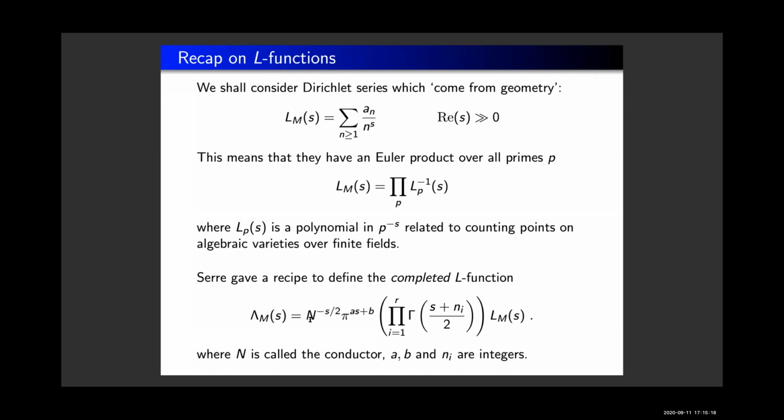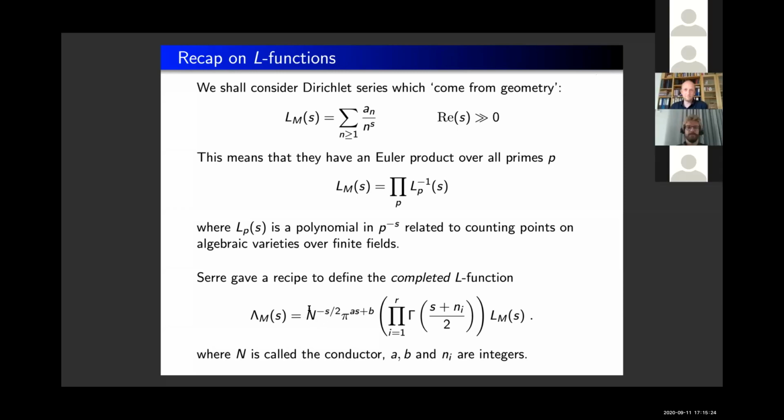So N here is called a conductor, and it contains information about primes of bad reduction. The gamma functions here, this factor here is entirely determined by some integers n_i, and they can essentially be read off the Hodge theory and the action of complex conjugation on the cohomology of your variety. So Serre gave a very precise recipe for how to construct this completed L function from your motivic L function.